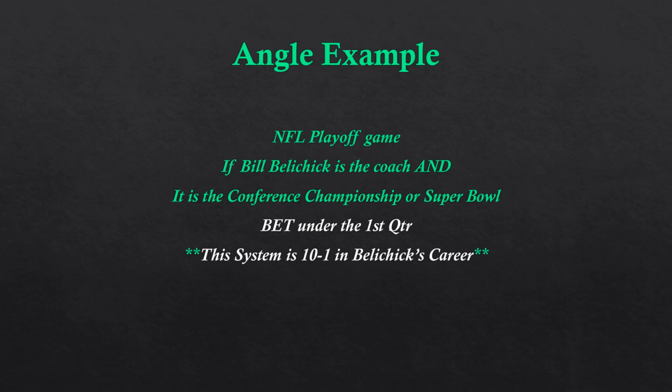Remember, this is just like the wall scenario, the comparison that we've been making throughout the video. The three green lines are us setting up our lines on our wall to filter the right window that has more green dots than red dots. In this case, this system is 10-1 in Belichick's career, so you would see 10 green dots and 1 red dot. That's just to give you an illustration of the situation.